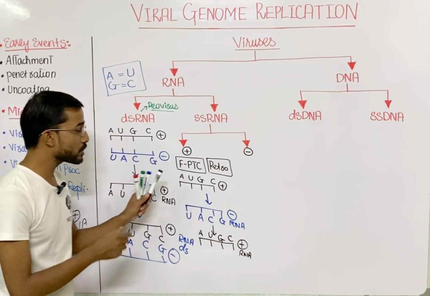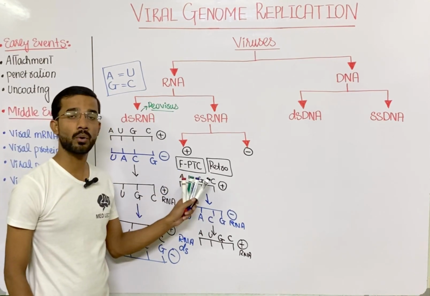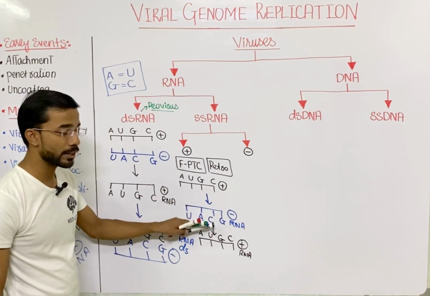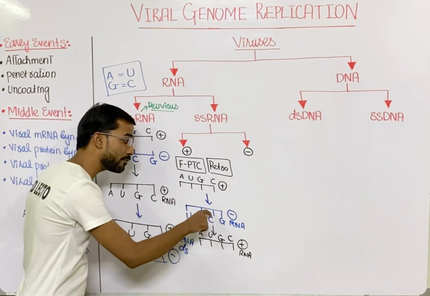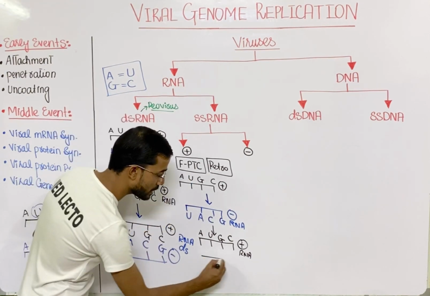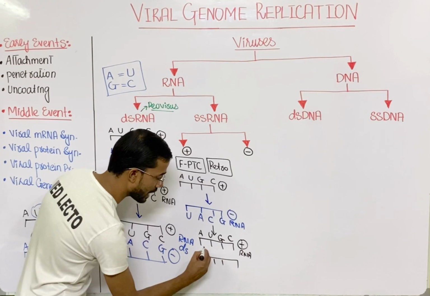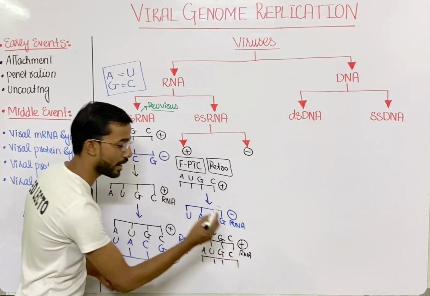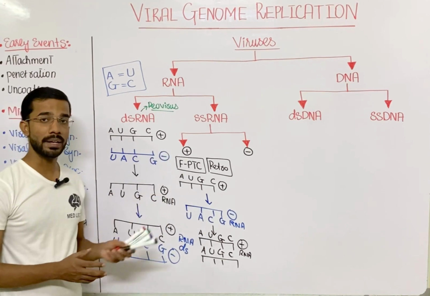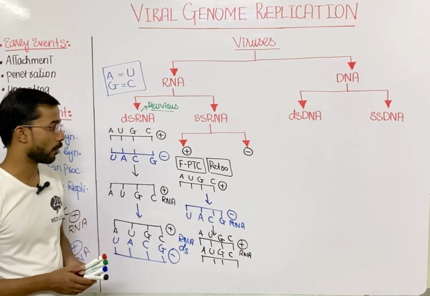So in Flavi, Picorna, Toga and Corona, the positive polarity first converts into negative polarity, then the negative polarity RNA acts as a template and forms several copies of the AUGC positive polarity RNA. This is how these families replicate the viral genome.